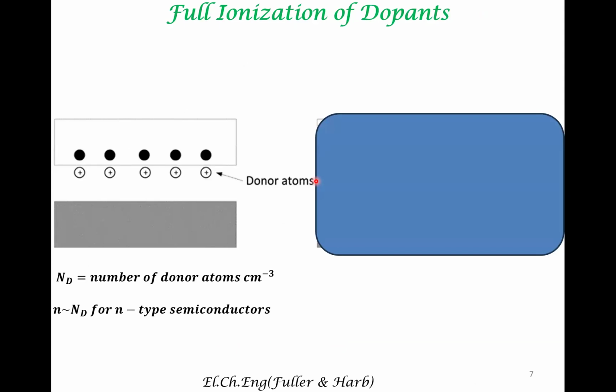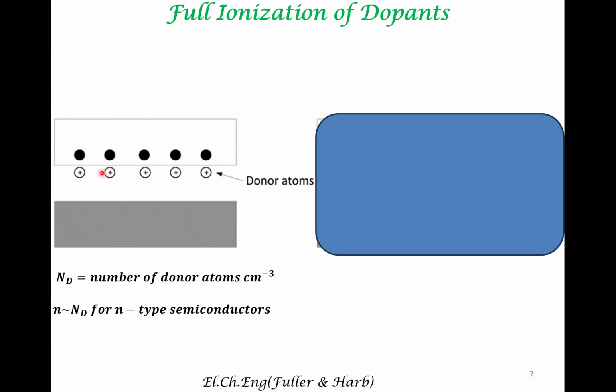Typically, to ionize a donor atom, that is to separate the electron from the donor atom, it requires some thermal energy. This energy is small. Again, remember, when we say small or large, we are typically referring to 26 millielectron volts, because this is the kT at room temperature.